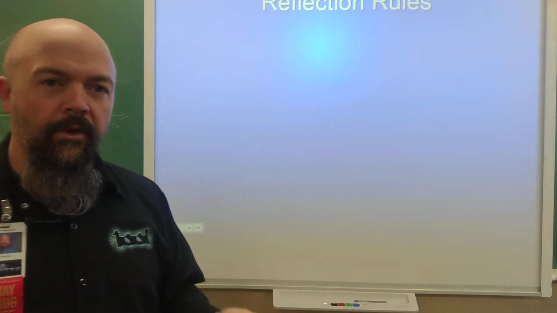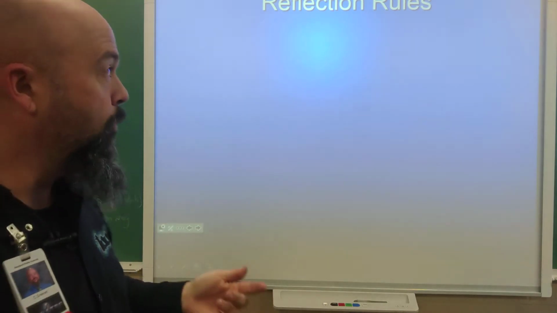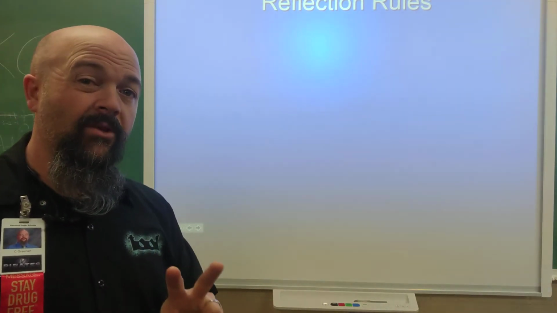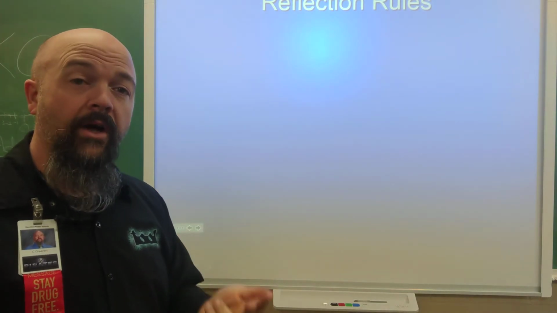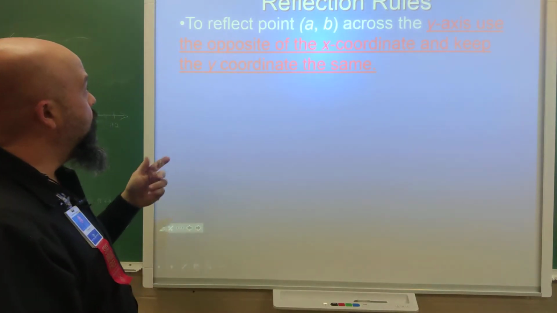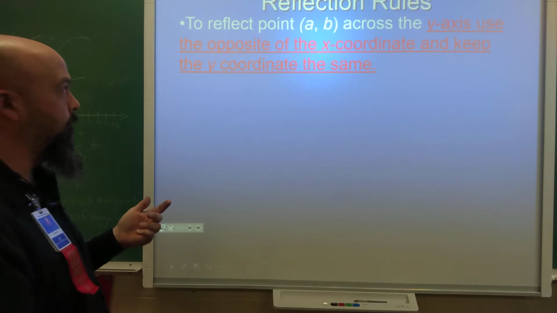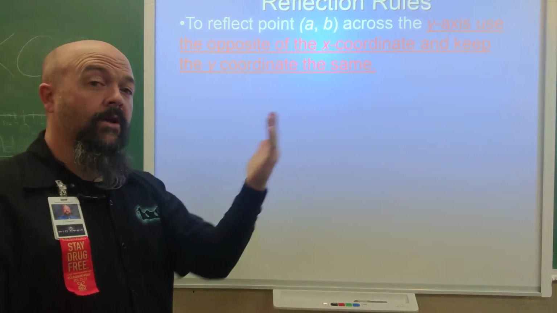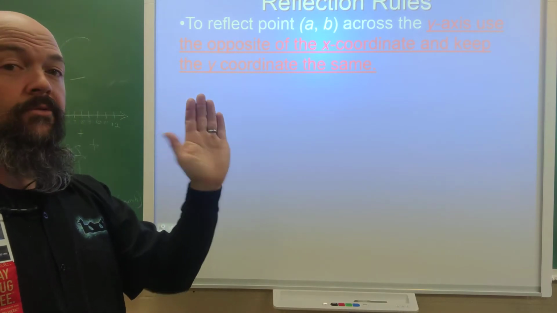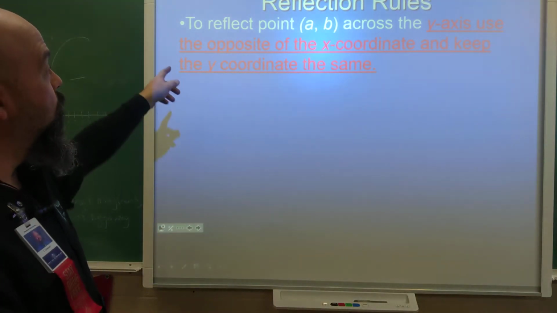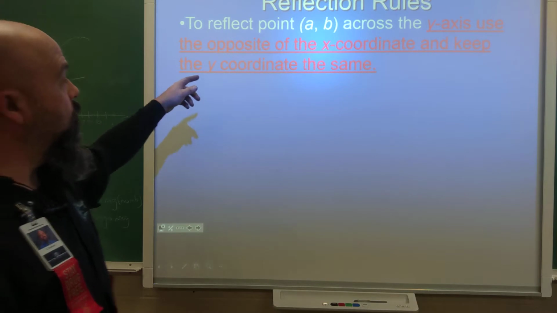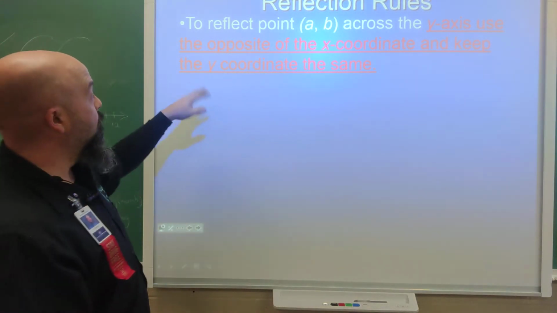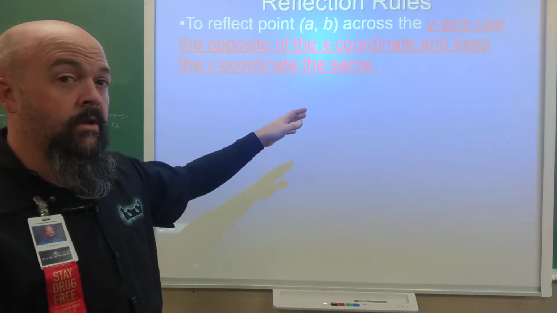Now, let's get into reflection. Reflection rules. There's really 2 primary reflection rules, and they follow as such. If we are reflecting across a y-axis, remember, the y is the up and down, right? So if we're reflecting across the y-axis, what's going to happen is that you have to use the opposite of the x-coordinate, and then we keep the y-coordinate the same, all right?